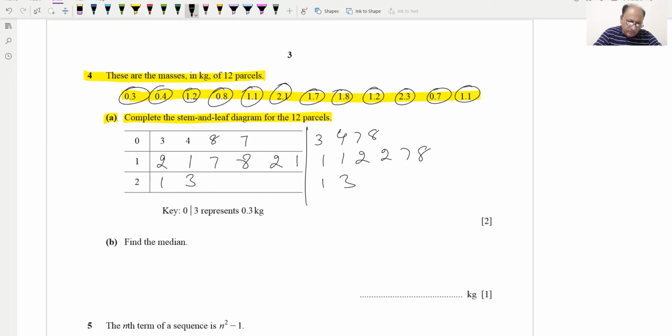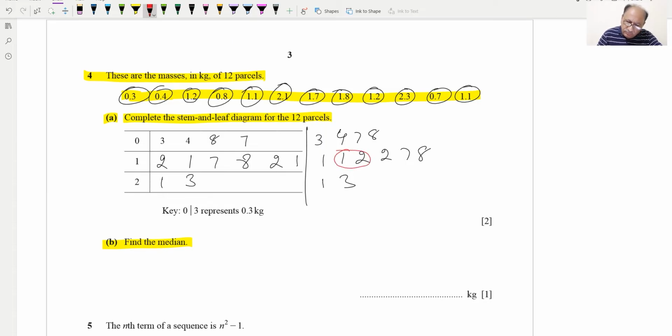And they're saying find the median. The median is the middle value. So how many numbers in total? 4 and 4, 8, 9, 10, 11, 12. So the middle should be between 6 and 6, so 4 and 2, 6. So which will be the middle number?